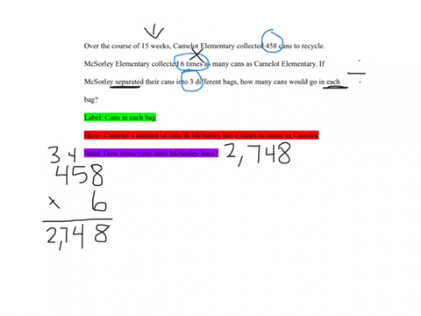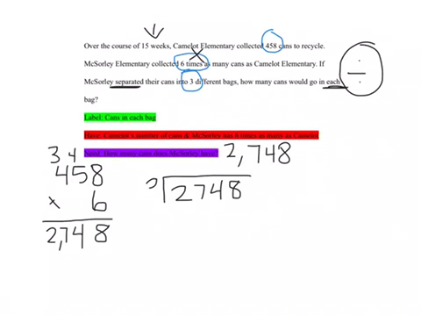So now my next step is divide. McSorley separated their cans into 3 different bags. So I need to divide 2,748 divided by 3.